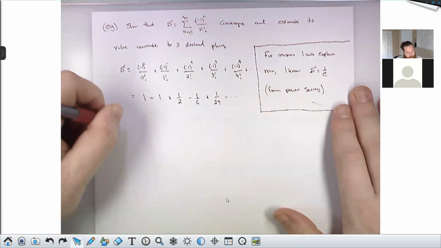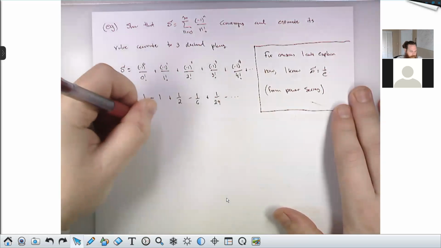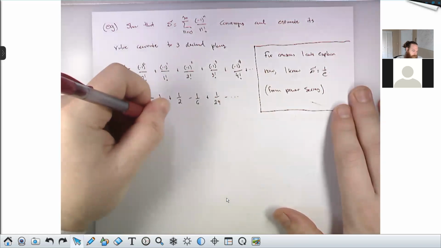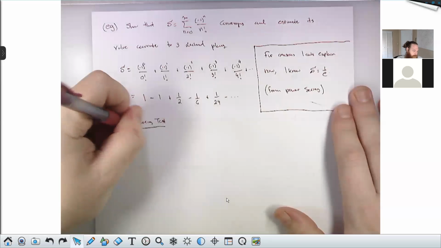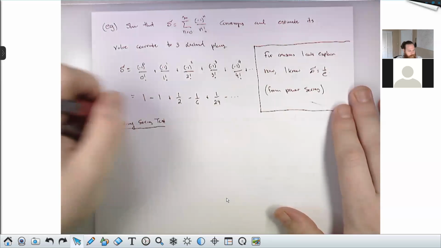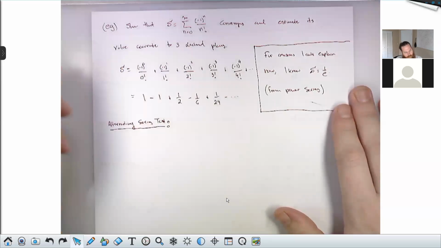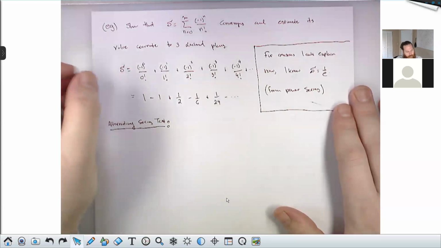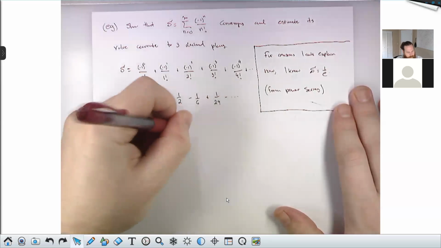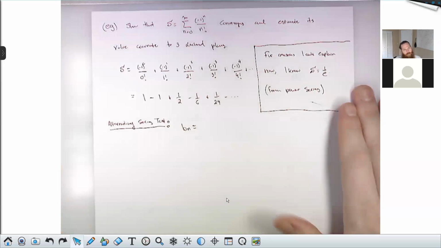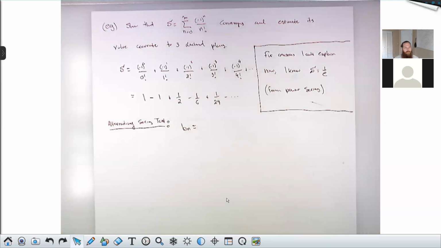So first I need to run the alternating series test. Here, b_n is what? What are the b_n's in this alternating series?